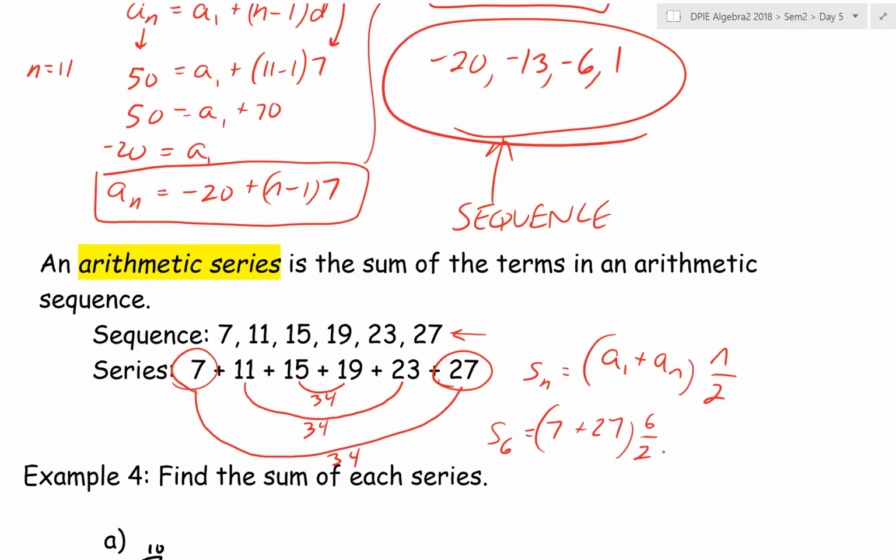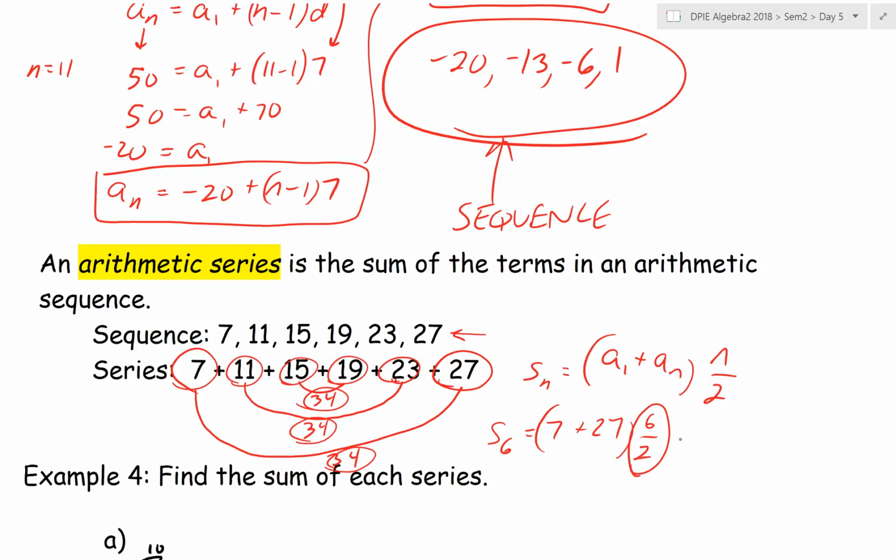And the significance of that is the first term plus the last term gives us 34. And then the number of pairs that we get when we pair these numbers up, we did first and last, and then second to the last and the second term, and the third term and the third from the last. So every time we pair them up, we get 34. So how many pairs of 34 would we get? Well, it's just half the number of terms that we had. So if we have 6 terms, we're going to get 3 pairs.